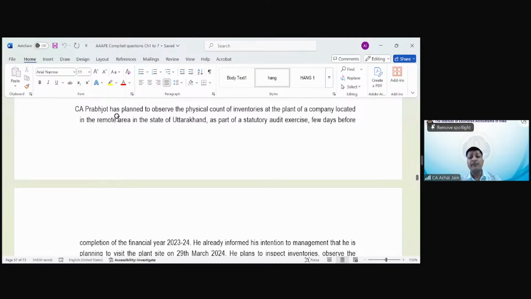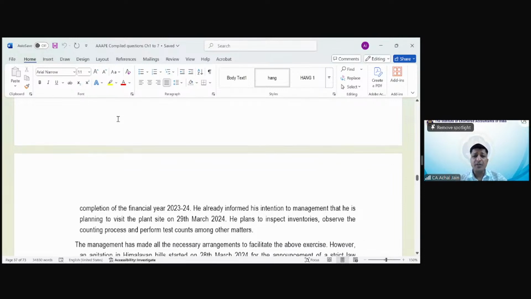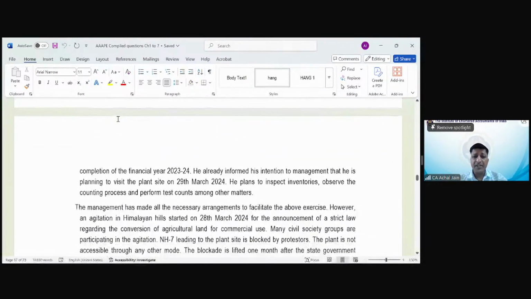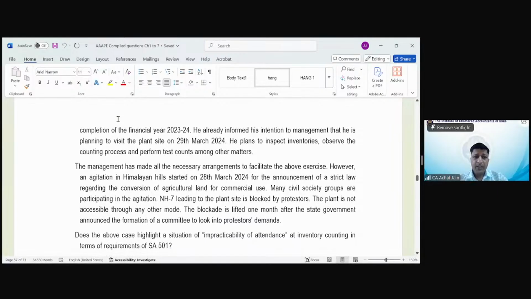He already informed the management that he is planning to visit the plant site on 29th of March. He plans to inspect the inventories, observe the counting process, perform test counts, among other matters. The management has made all the necessary arrangements to facilitate the above exercise by the statutory auditor.